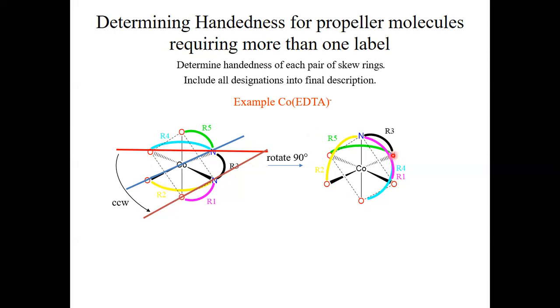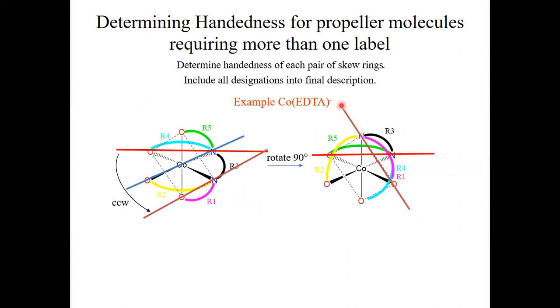All right, so now we have done this transformation. So the rest is relatively easy. We draw a horizontal line through the donor atoms of R5. And then we look at the other rings. So for instance, for the ring R1, we connect this oxygen and this nitrogen here.